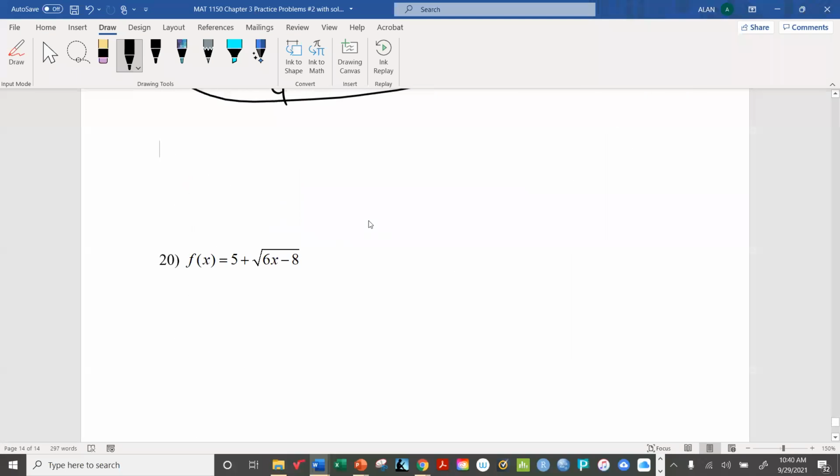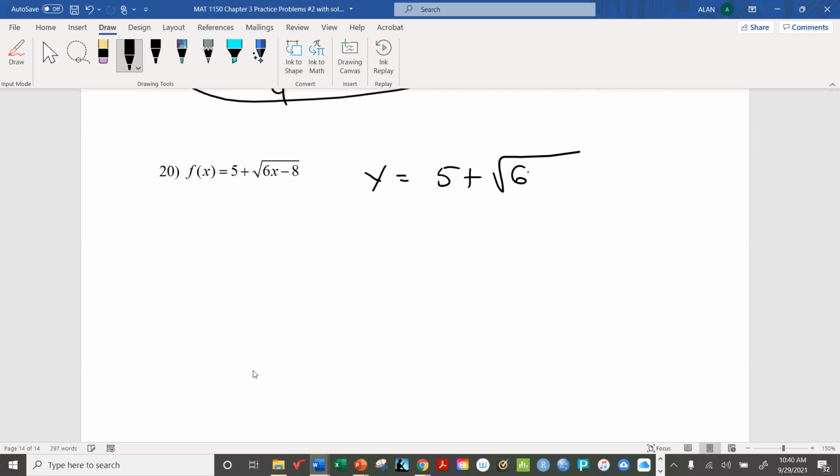One more inverse, and then we can start chapter 4, at least for a while. And so we'll use the usual technique, and then, of course, switch x and y, and then solve for y.